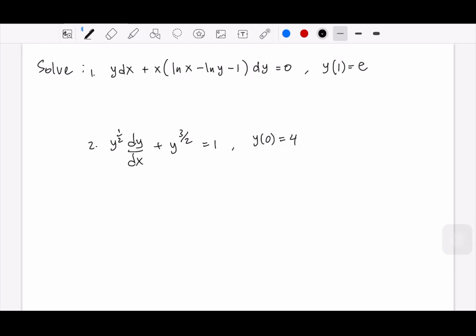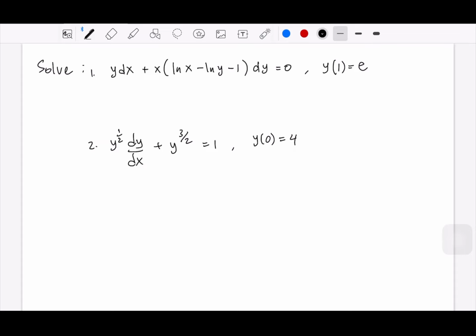So you could start by writing the Bernoulli structure, and then you need to match the structure and find the substitution, and then after the substitution, every Bernoulli equation will end up as a linear equation. So you will use linear equations, integrating factor, and so on.